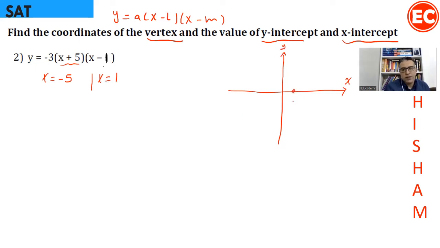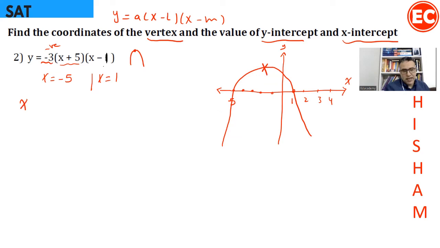The point 1 is here, and the point negative 5 is there. And the parabola here opens downward. Why does it open downward? Because the coefficient here is negative. So it has a maximum value. So the vertex is somewhere here.